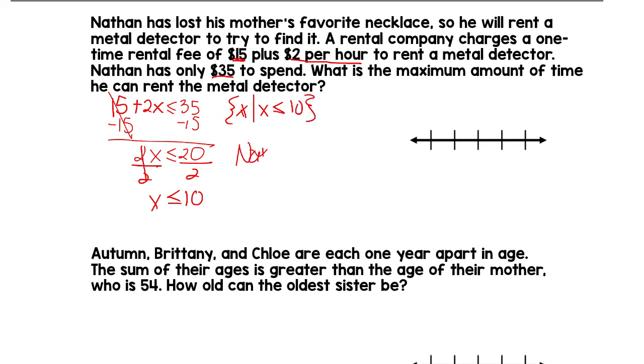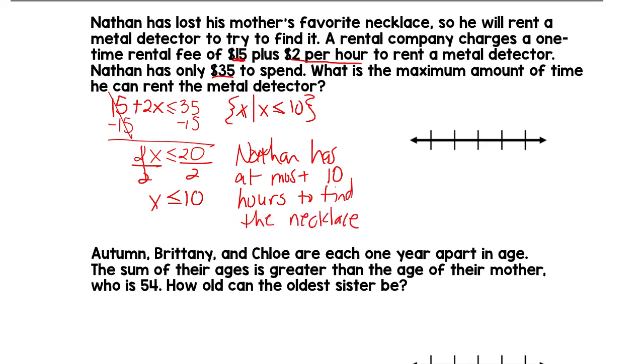So Nathan has at most 10 hours to find the necklace. If we put 10 in the center of our number line, it's going to be a circle or a dot filled in because there's an equals included on our inequality. And we're going to shade to the left.